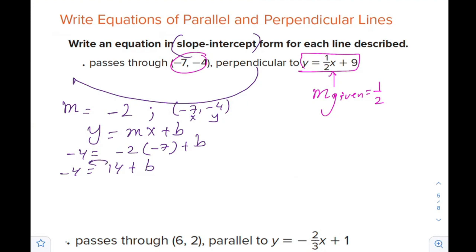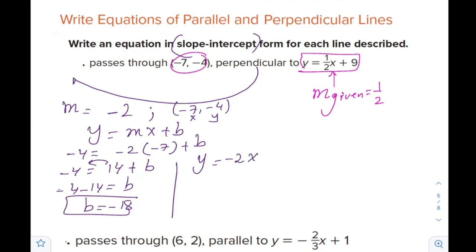Take this to the other side. So -4 minus 14, that is -18, is equal to b. So our b is -18. So my equation of the line will be y equals m, which is -2x, plus the new b, which is -18.